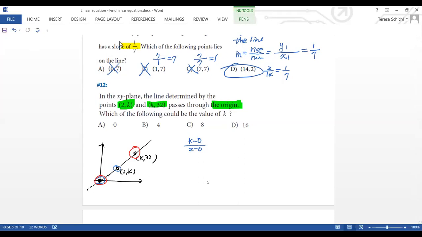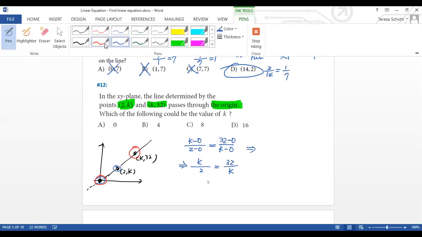Of course they have the same slope. The slope of k, 32 is rise over run, so 32 minus 0 over k minus 0. So k over 2 equals 32 over k. How to solve for k?